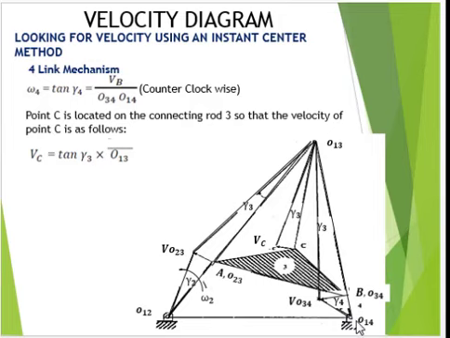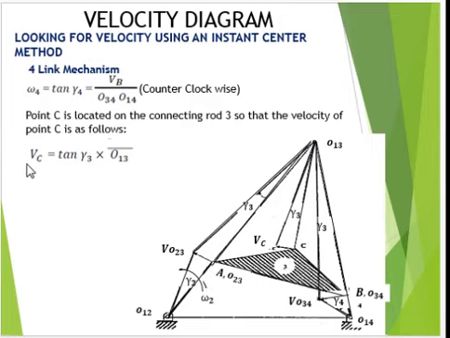Point J is located in connecting link 3. So for the velocity of point J, we can take some formula, but from tangent 3 also. This is a tangent ray also, and it has the same angle, gamma 3, because we use the same instant center O13.